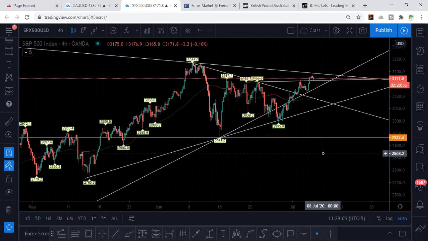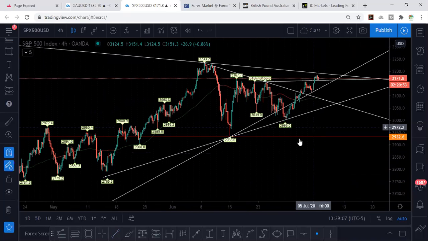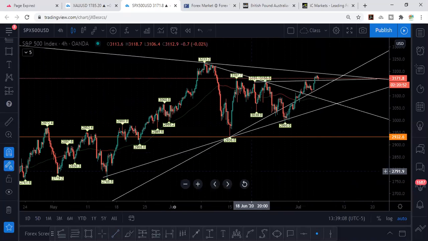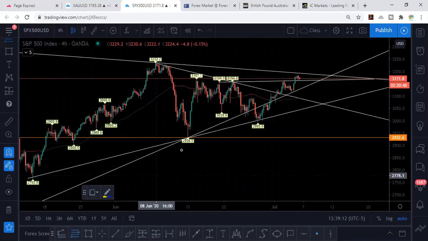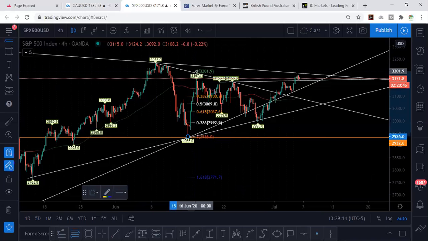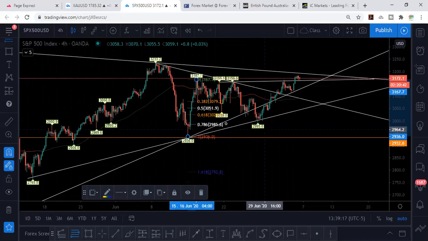So where are we going next is the question. Now, let me use this from here to here. This is the 0.786. So let me bring my continuation.